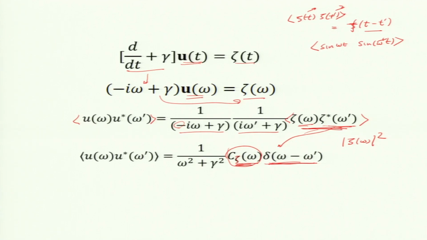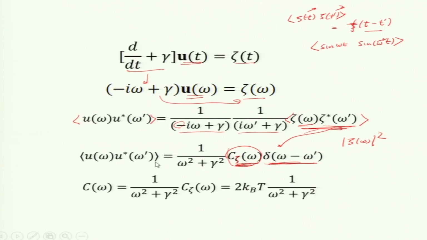So, the left hand side, the correlation function, will also be similar, called C omega delta omega minus omega prime. So, delta delta you cancel, and C omega is this.